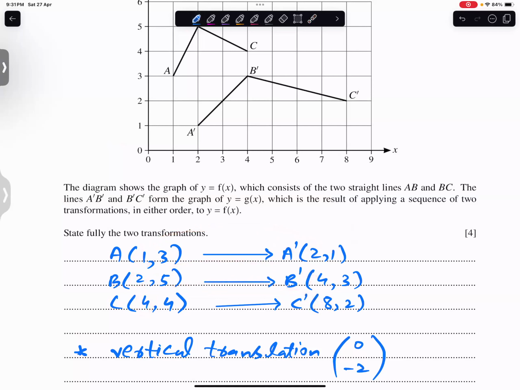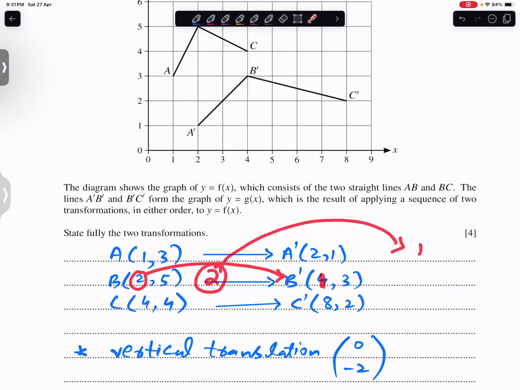We have learned the concept that if an x coordinate, let's say 2, is divided by 2 and the answer is 1, then we call this factor 1/2. Again, if we have 4 and this becomes 2, so 4 is divided by 2 to make the horizontal stretch factor 1/2.